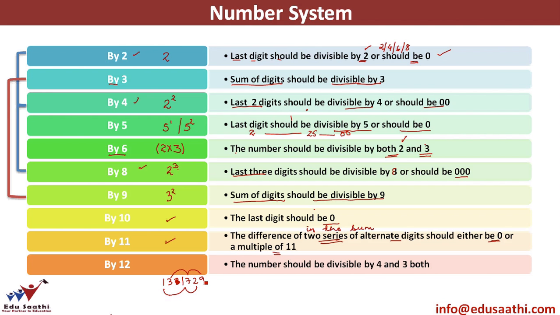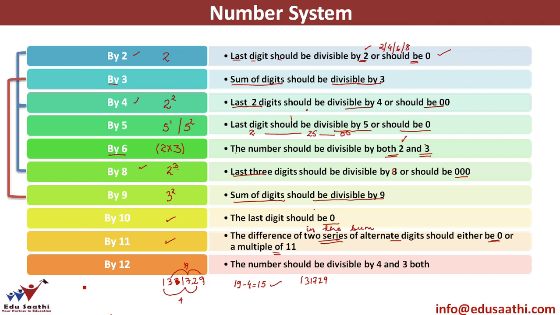So 9 plus 7 plus 3 gives me 19, and 2 plus 1 plus 1 is 4. Now the difference between 19 and 4 comes out to be 15. Since 15 is not a multiple of 11, the entire number 131729 will not be a multiple of 11.